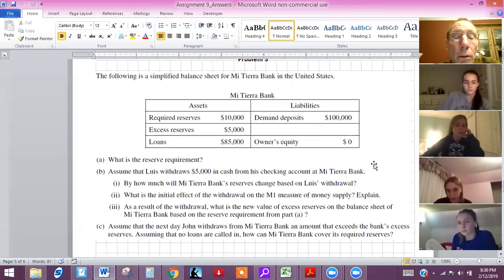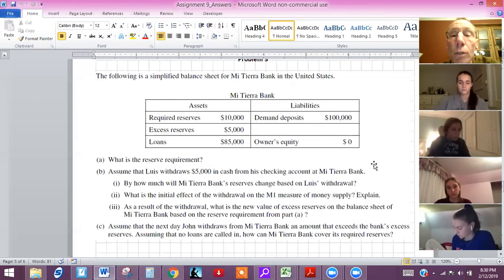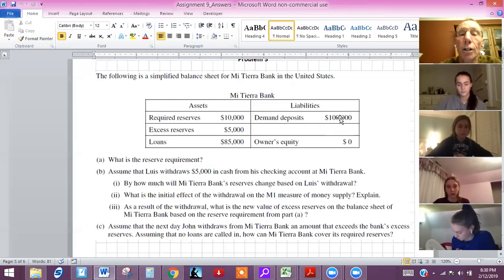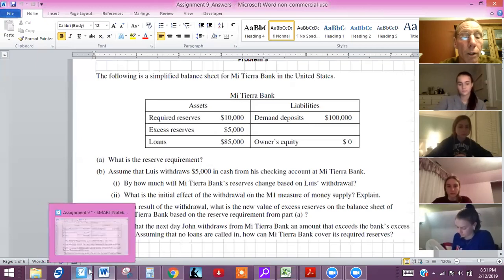By how much will Mi-Tierra's reserves change based on Lewis's withdrawal? Okay. Well, actually, I just said that wrong. It's not going to come out of here. It's going to come out of the excess reserves right here. So this 5,000 is going to come out of right there. Okay. So I just said that wrong.